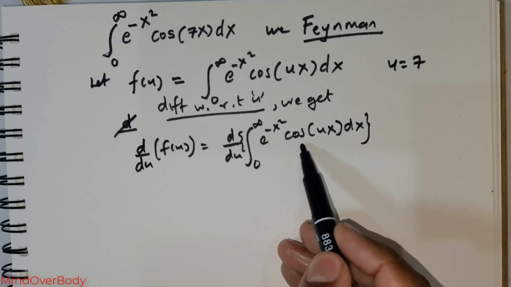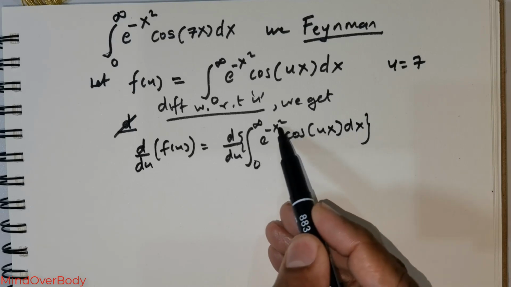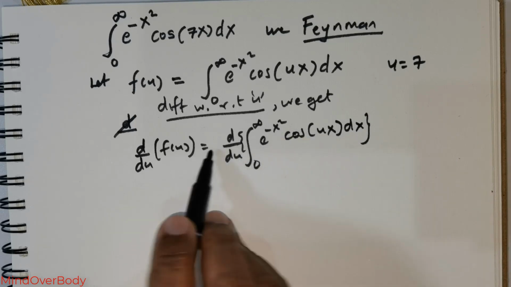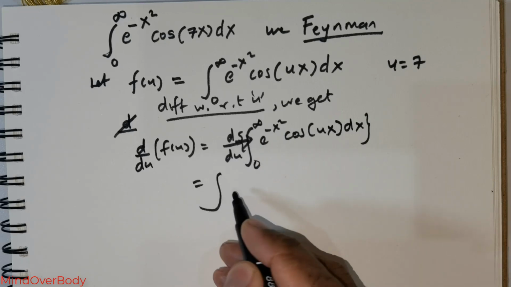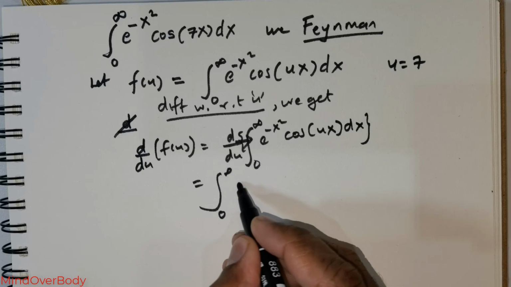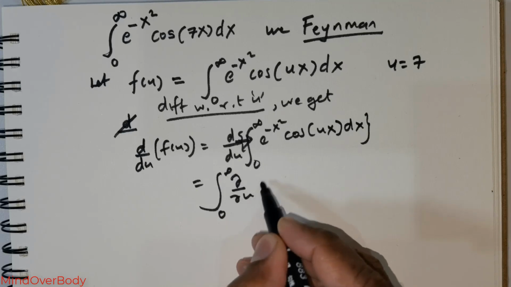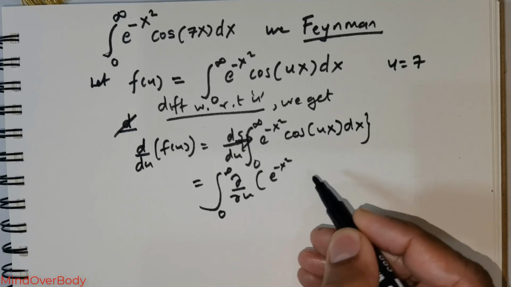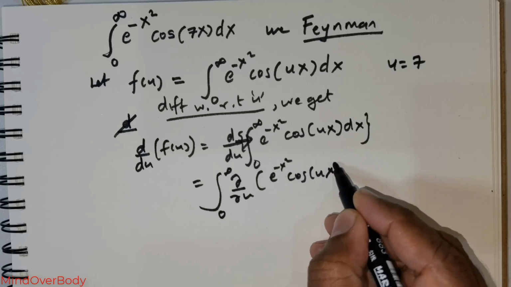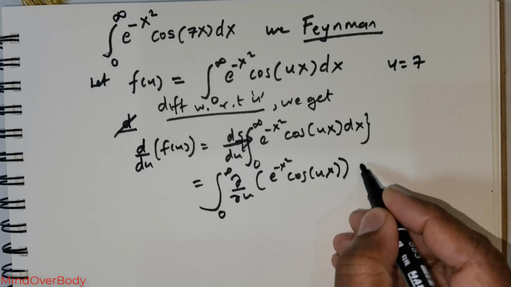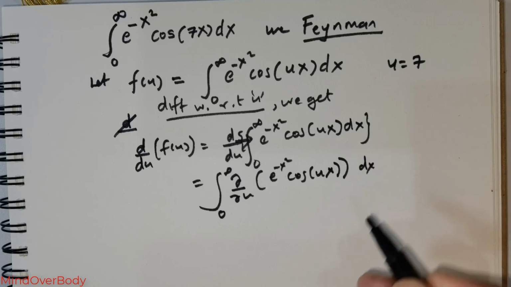Now clearly you can see that u is a variable and x is a variable. So if you were to push this d over du inside, it will become a partial derivative. So let us do that. Integral 0 to infinity dou over dou u of e raised to the power of negative x squared times cos of u x times dx.